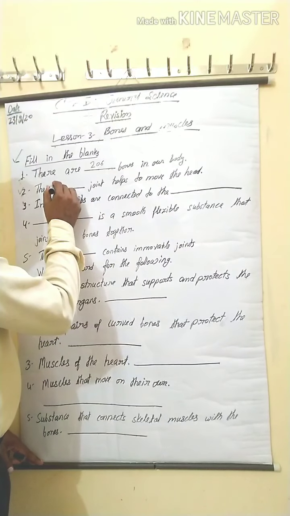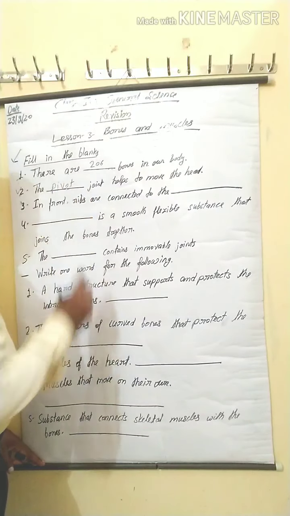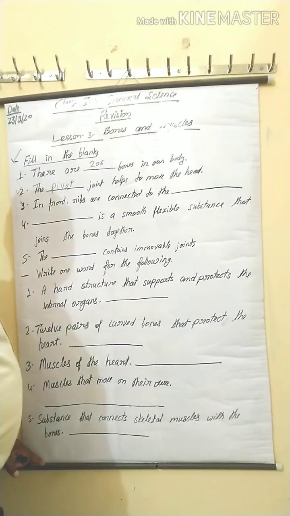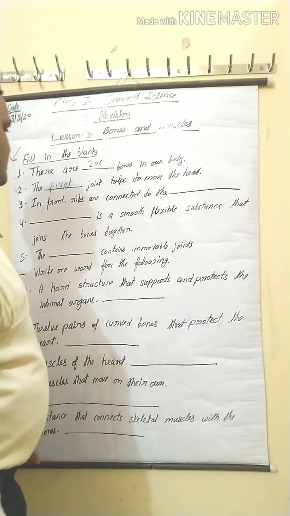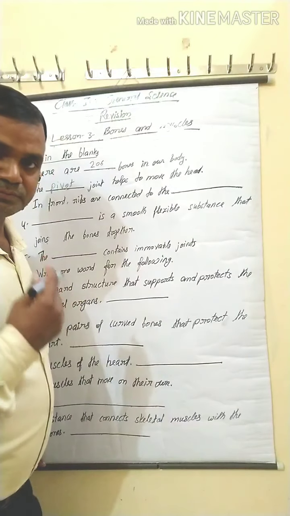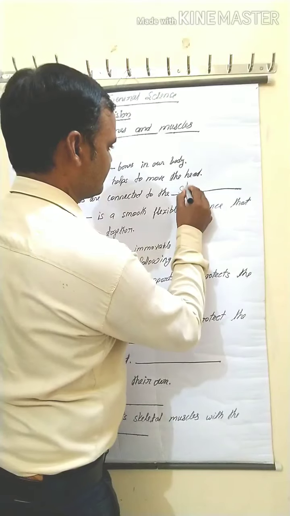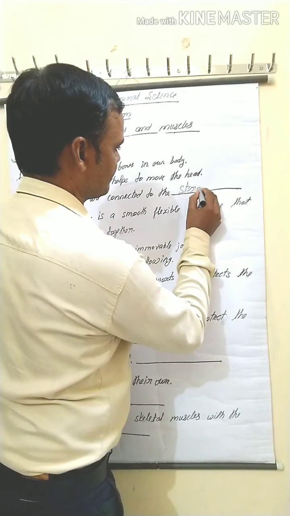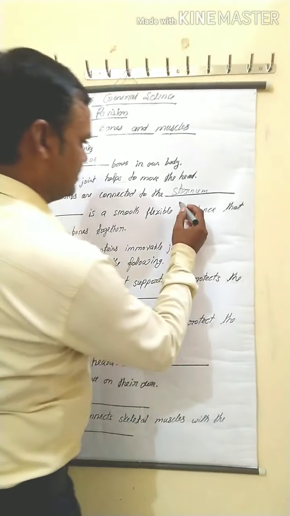Yes, pivot joint. Next, in front, ribs are connected to the breastbone, and this breastbone is called the sternum. You can write here breastbone.